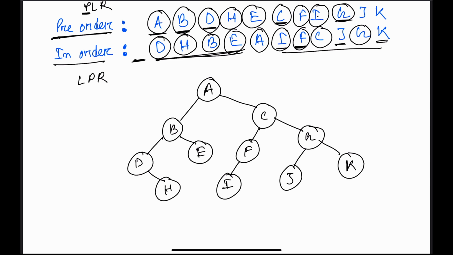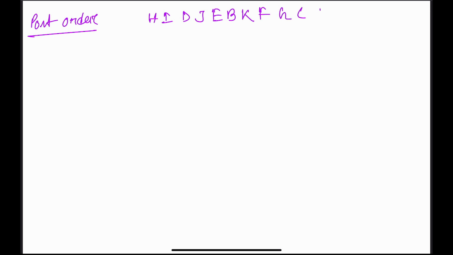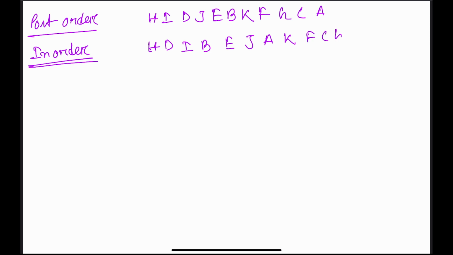Now let's talk about post-order and in-order. The post-order traversal is H, I, D, J, E, B, K, F, G, C, and A. And in case of in-order, it is H, D, I, B, E, J, A, K, F, C, G.